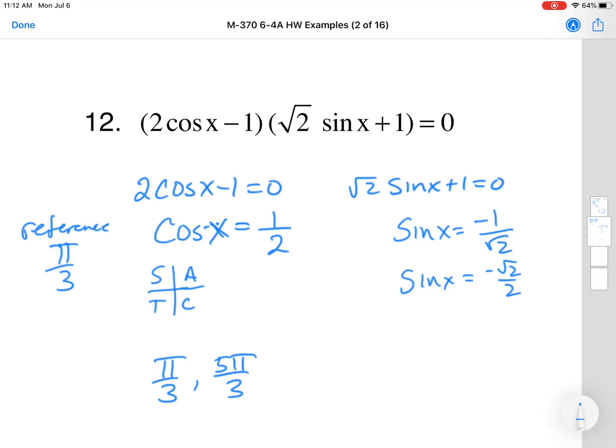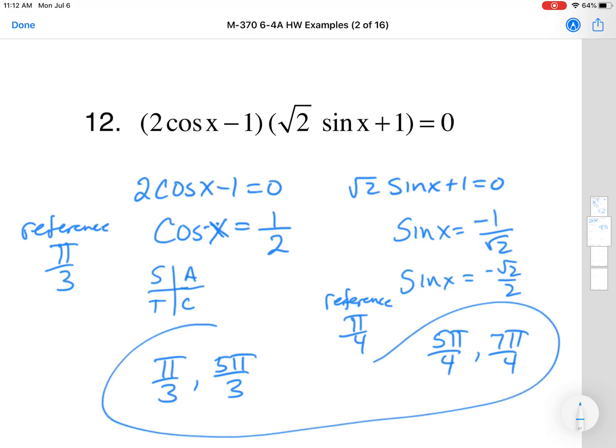That was at a pi over 4 reference, where sine's negative. Sine's negative in the third quadrant, so that is 5 pi over 4, and in the fourth quadrant, which is 7 pi over 4. And so our answers are all of these guys right here. Notice in that second one, the reference angle was not part of the answer because of the negative sign.